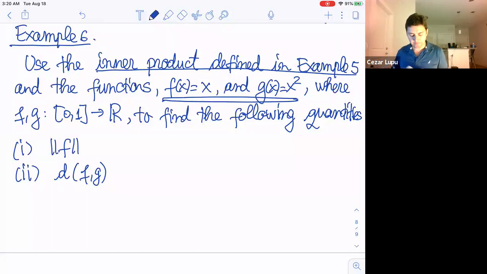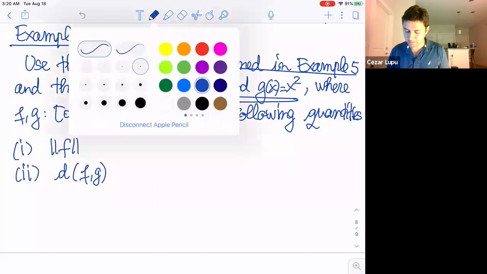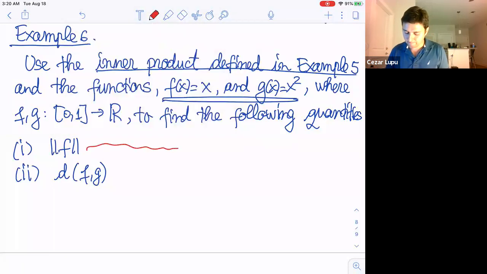Well, let's do it. As you can see here, I need to find the length of a vector in my vector space of continuous functions. And here I have to find the distance.